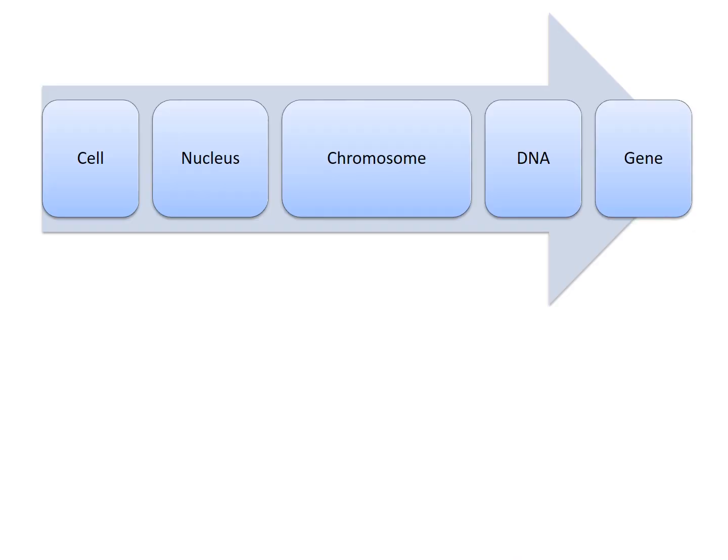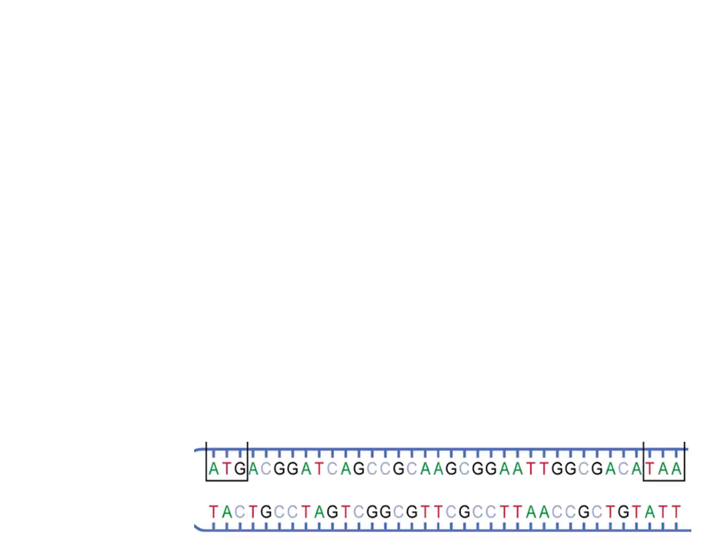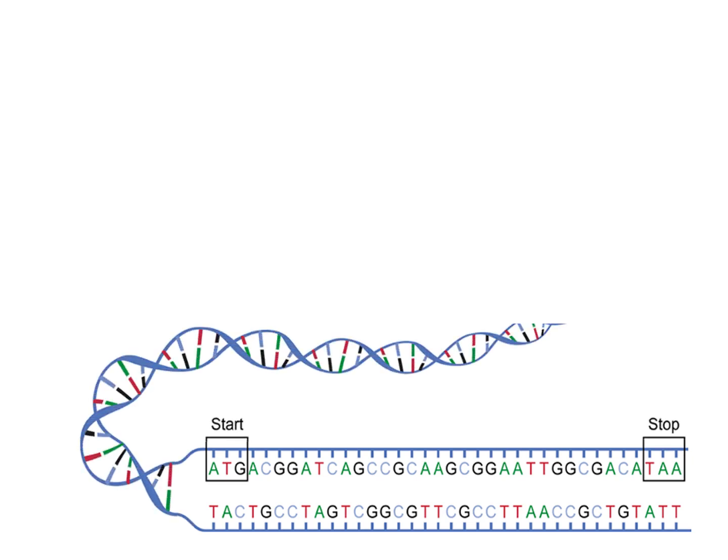Okay. So this is how we looked at it. We looked from the cell towards the gene. Now we will look at the gene and go towards the cell. So this is a gene where I have nucleotides, or I have purines and pyrimidines, which have come together to form a segment on the DNA that codes for a specific protein or which carries messages. Many such genes, when they come together, form the long DNA molecule.